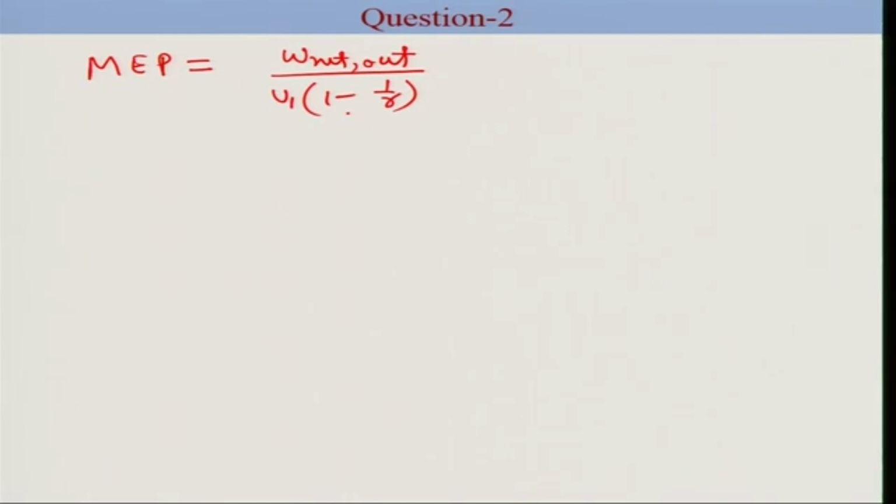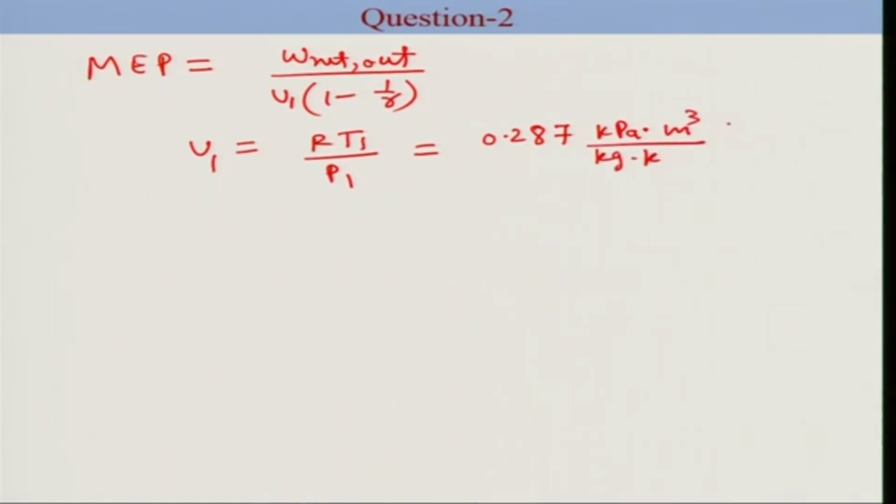Since we don't know the initial volume, using the ideal gas equation of state, P1 v1 equals R T1, with R equal to 0.287 kilopascal meter cube per kg Kelvin, times the initial temperature, and P1 is 95 kilopascal.